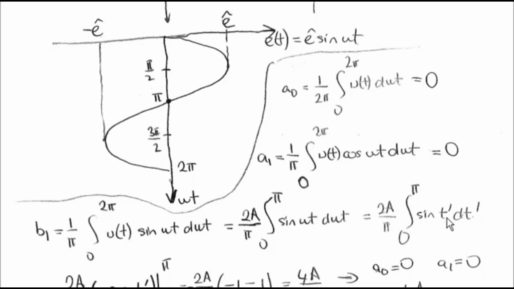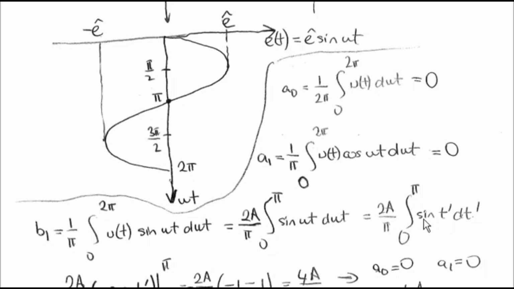In general, I will just replace it with t. It is not going to matter what I call it. I can call it tau, I can call it u. It doesn't really matter. But here I just call it t prime, and in the future I will just change it into t. It's not going to cause any change in the value of the integral.